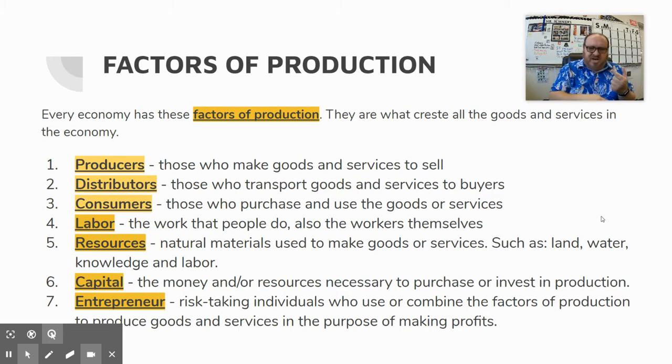So capital is money. It's manufactured resources, so any kind of tool or machinery that is used in order to help you to produce. And entrepreneurs are the ones who are the risk takers. They're the individuals who are taking the risks with the ideas. They use or combine those factors of production together in order to produce the goods and services for the purpose of making profit.